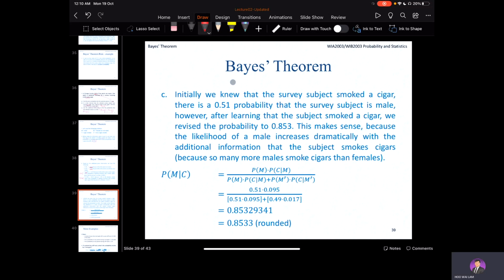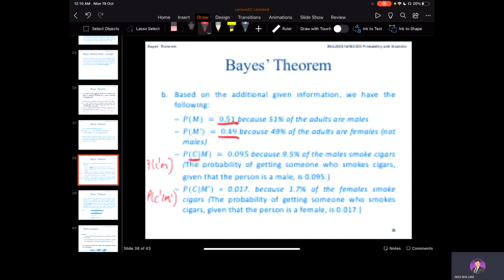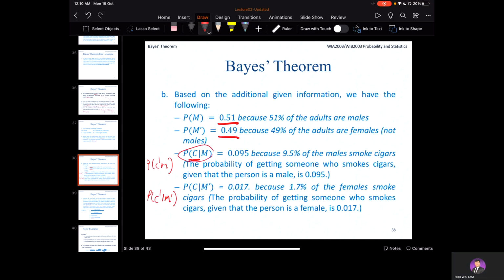Initially, before we knew that the subject smoked a cigar, there was a 0.51 probability the subject is a male. However, after learning the subject smokes a cigar, you revise the probability to 0.853, which is coming from here. 0.8533, sorry. This makes sense because of the likelihood, the word likelihood basically refers to this one and this one.